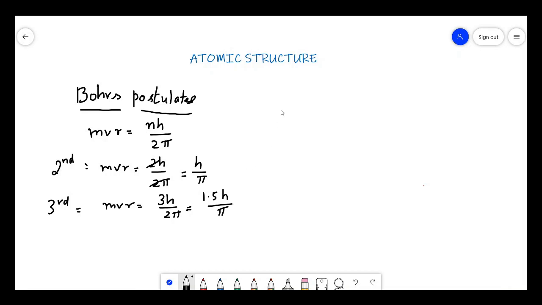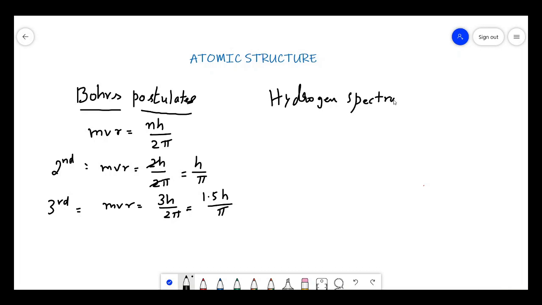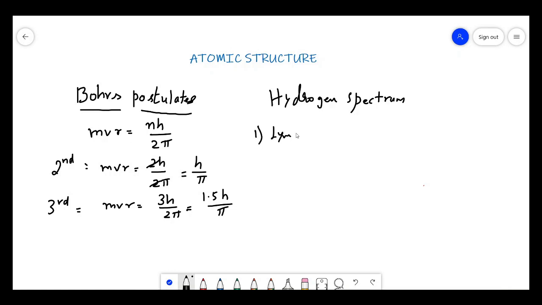After Bohr's postulate, the next important topic is the hydrogen spectrum. In the hydrogen spectrum, we have five series of spectral lines. The first one is the Lyman series. Next we have the Balmer series.